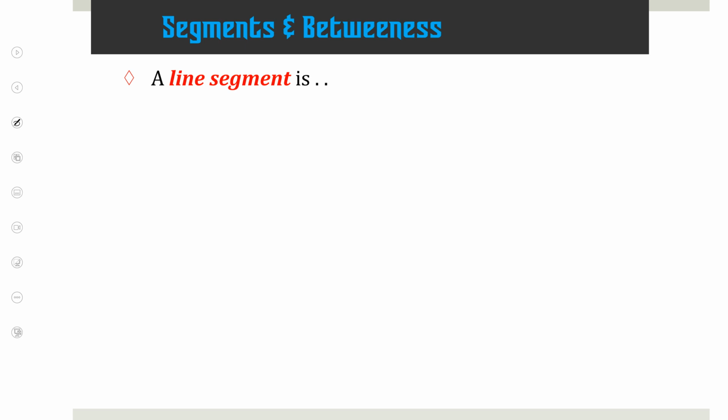Okay, so what's a line segment? Oh, go draw one. You are 100% correct. Now we'll see if you can draw it.